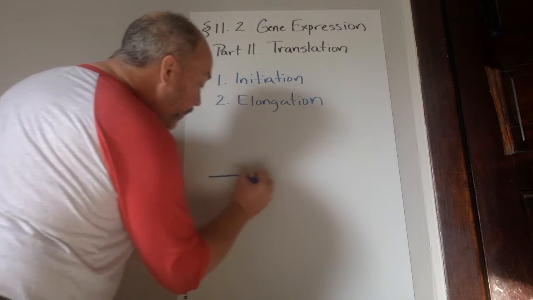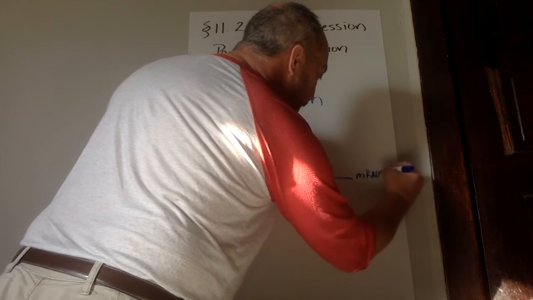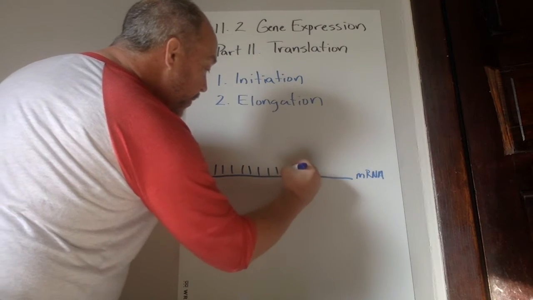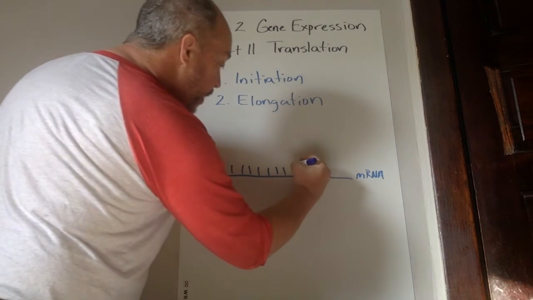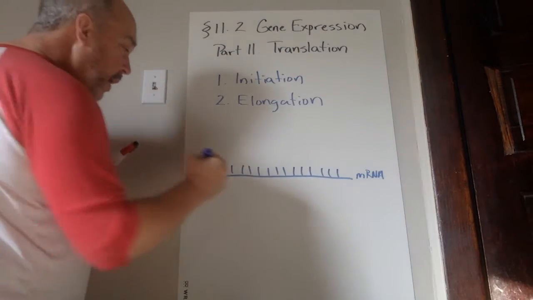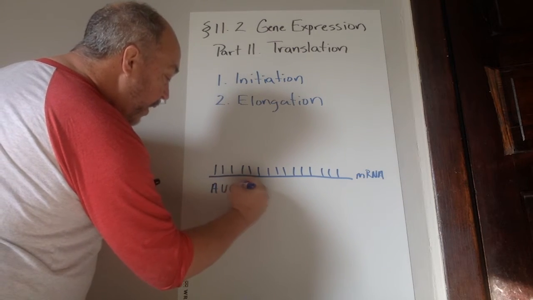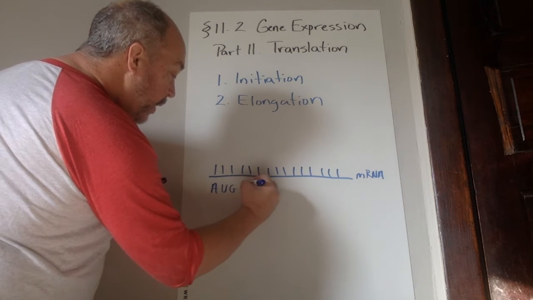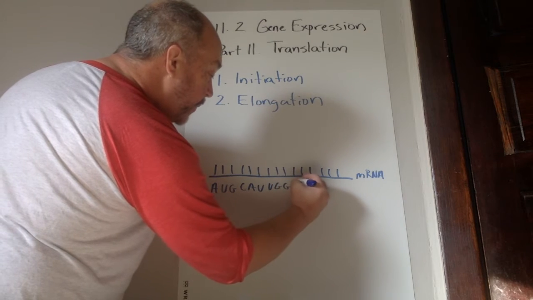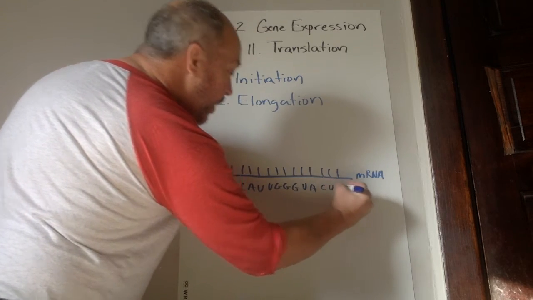So here is my mRNA, and it has a series of nucleotides, 1, 2, 3, 4, 5, 6, 7, 8, 9, 10, 11, 12, 13, 14, 15. So let's just look at 5 codons. We can start with the same one that they have, AUG, CAU, UGG, GUA, CUC.